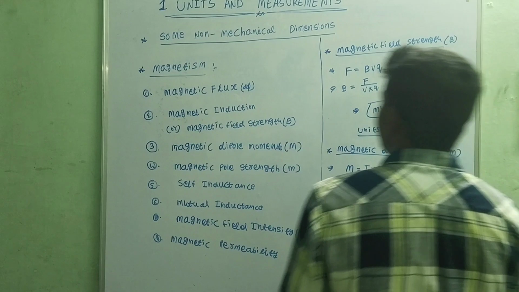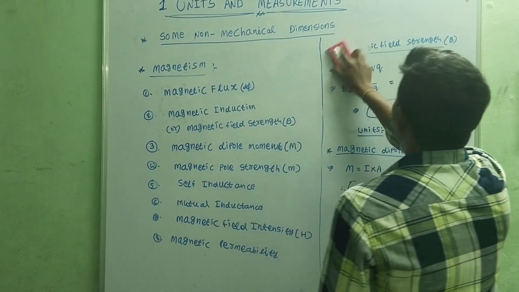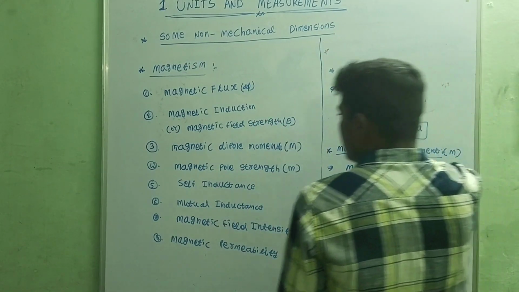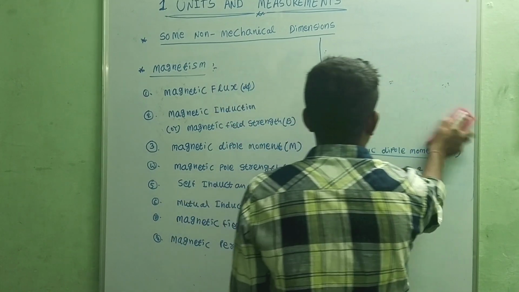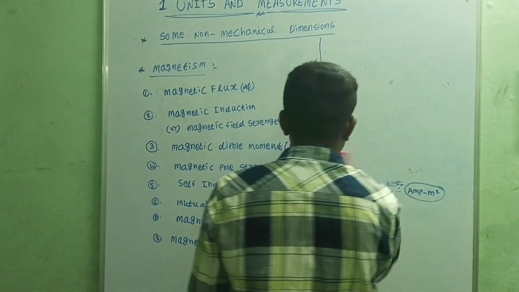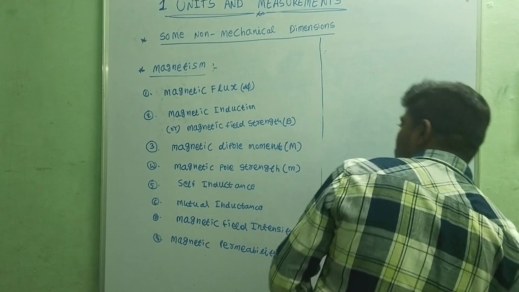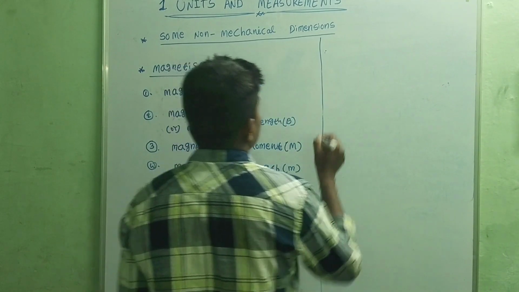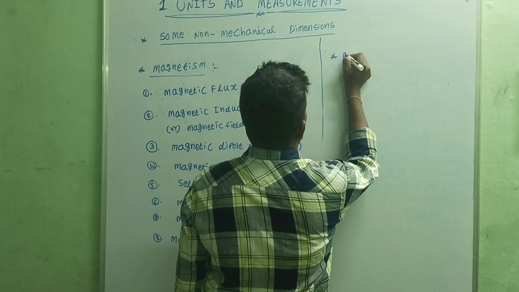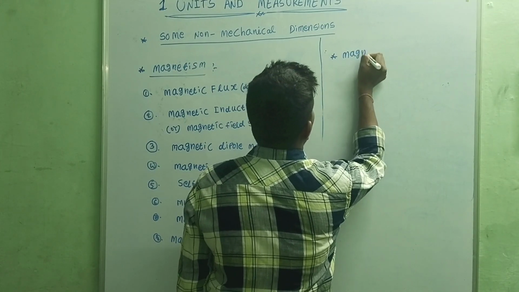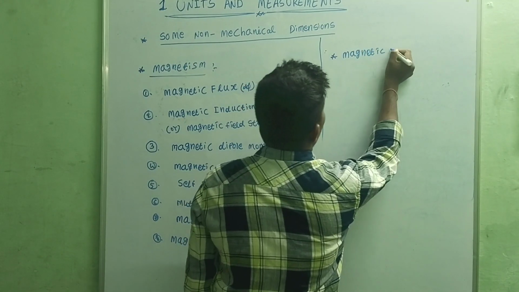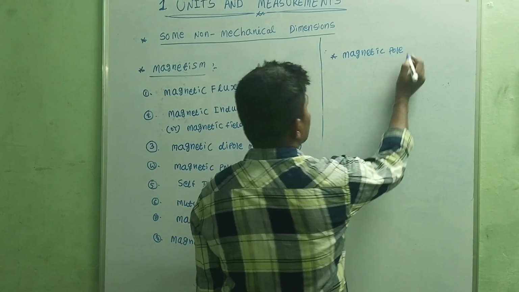So next one is, next we want to write about the dimensions of a magnetic pole strength.